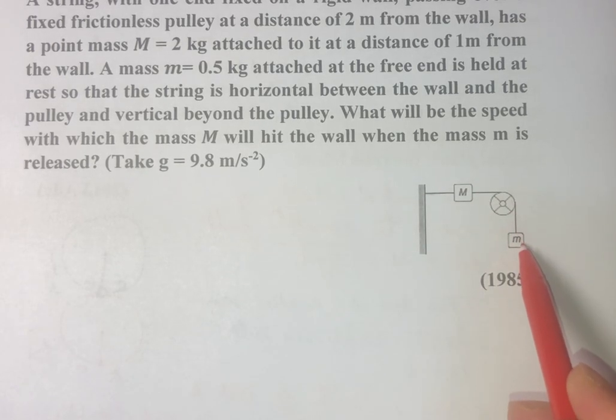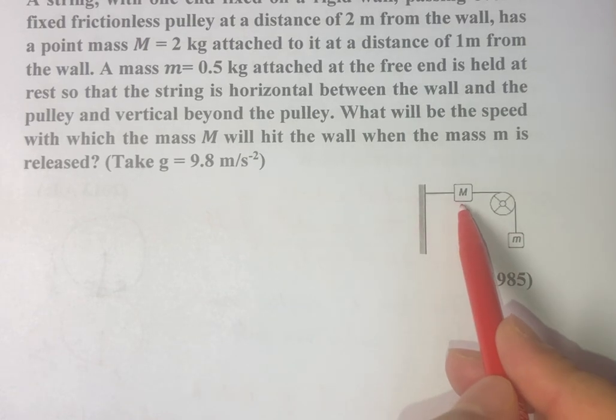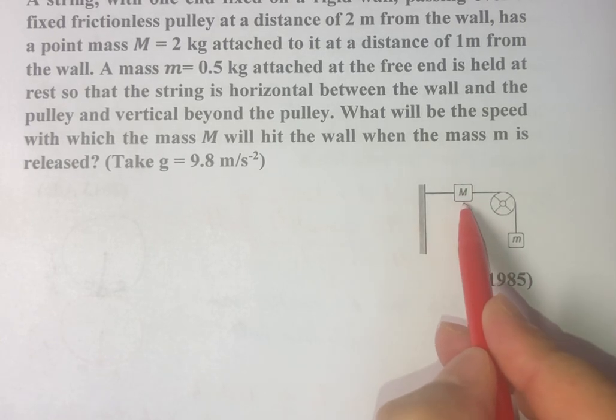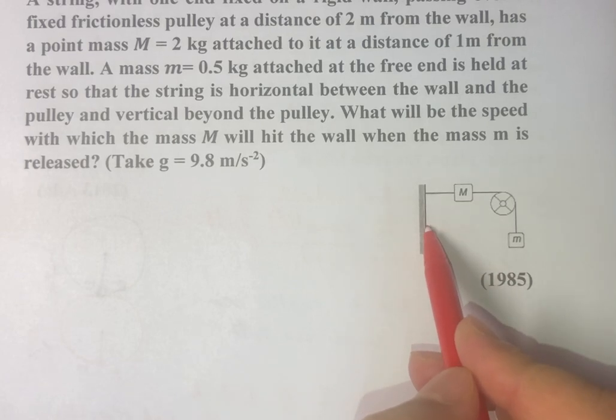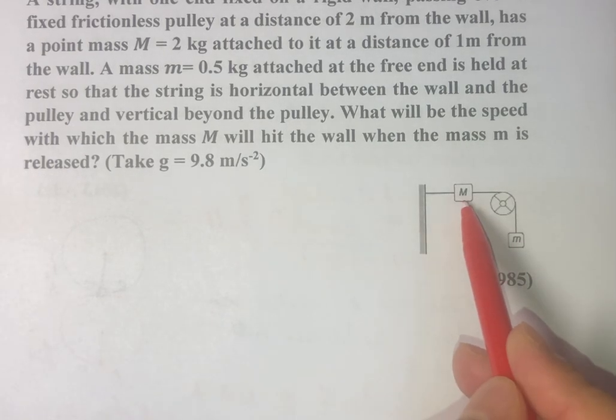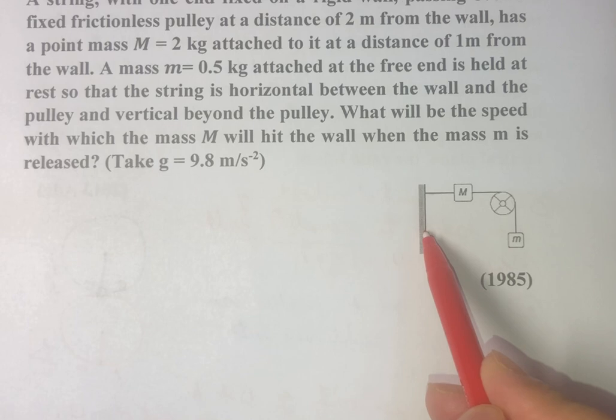As soon as the small mass m is released, the capital mass M will traverse a quarter of a circular path in the form of an arc and strike the vertical wall. We have to find the velocity with which capital M strikes the wall.